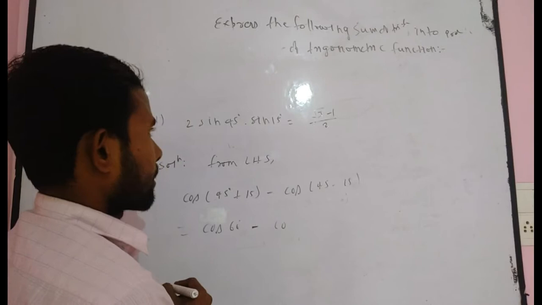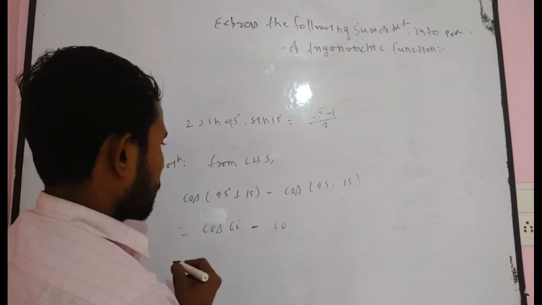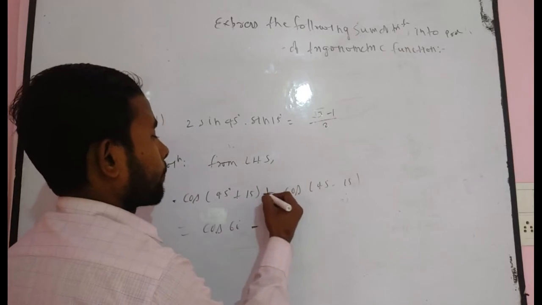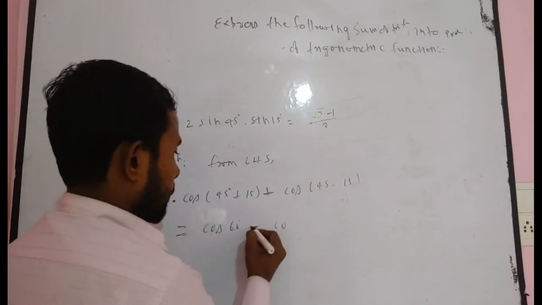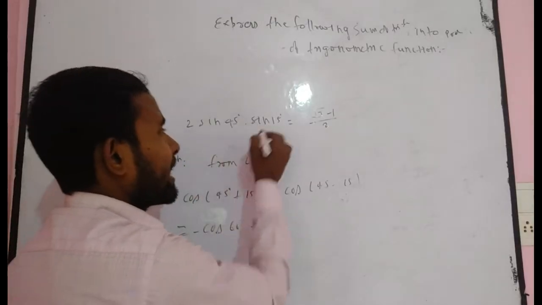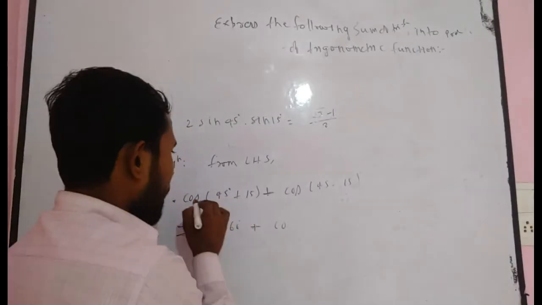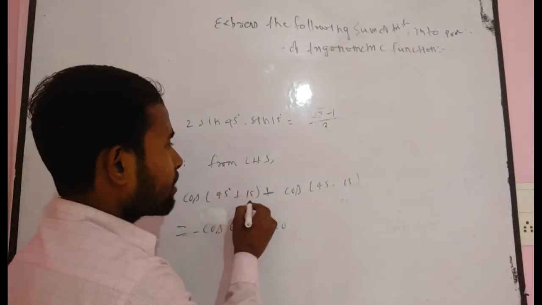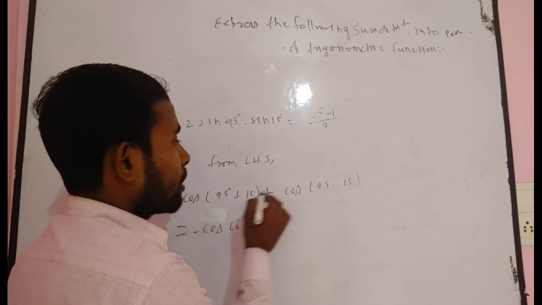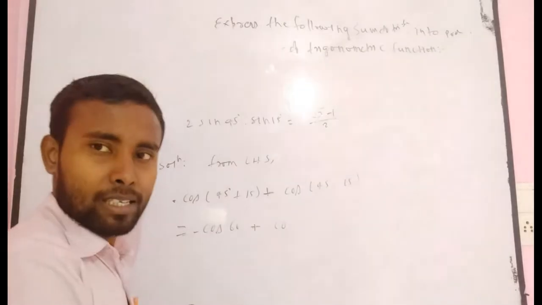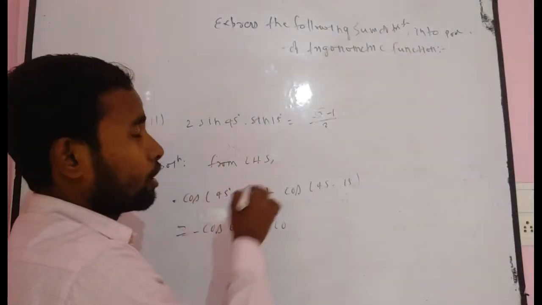Here it will be minus, and here it will be plus. It is a formula of 2 sin A into sin B: cos(A minus B) minus cos(A plus B).